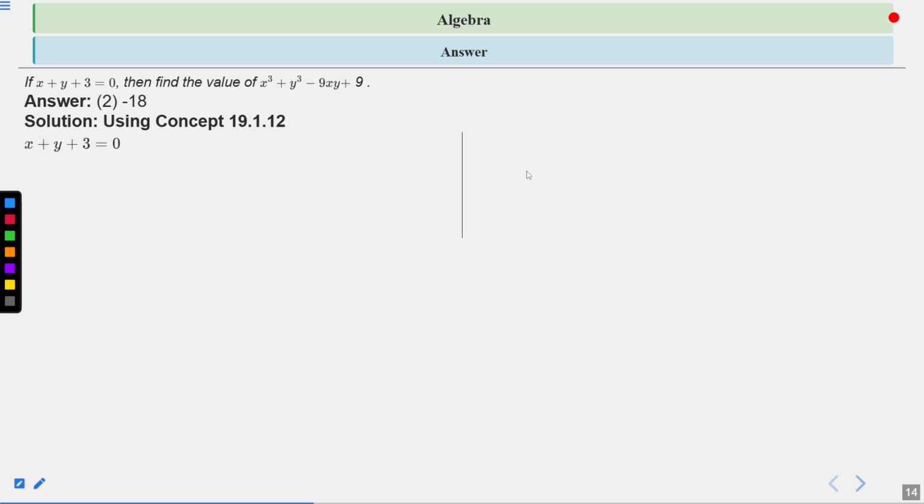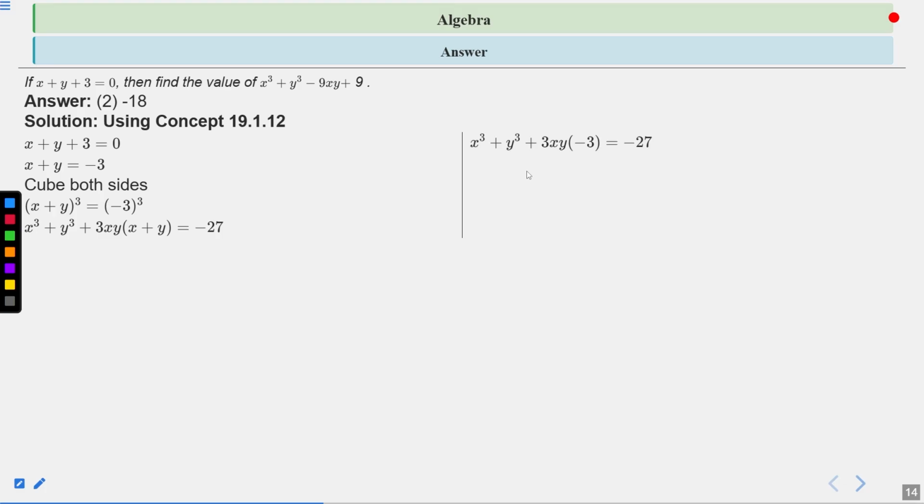x plus y plus 3 equals 0. So we can say that x plus y equals minus 3. Now cubing both sides, we get (x plus y) whole cube equals minus 3 cube. So we get x cube plus y cube plus 3xy into bracket (x plus y) equals minus 27.